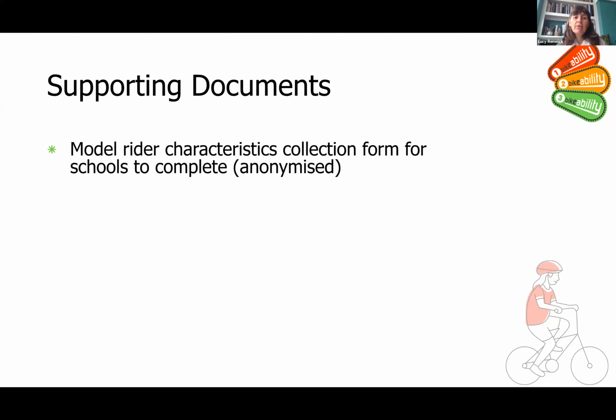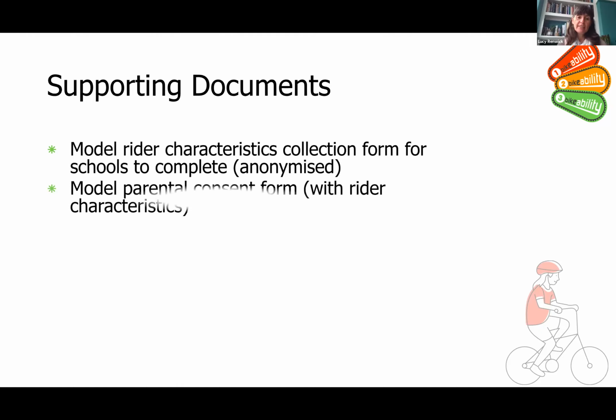Obviously it has that additional information, which is extended ethnicity characteristics in line with ONS and the prefer not to say option. We've created a rider characteristics collection form that's anonymised, aka Wiltshire's. Jane has very kindly let us use that form to share with industry, and it's basically exactly the same, but it incorporates all that data.